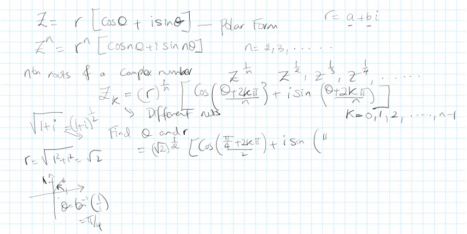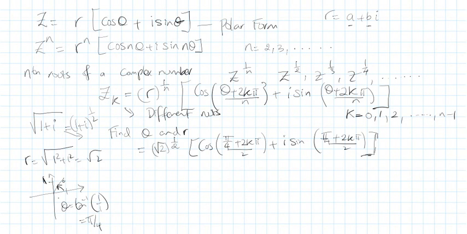So pi over 4 plus 2k pi divided by 2, bracket.